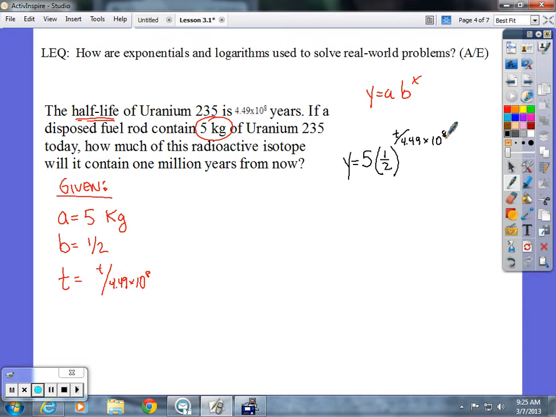I want to know how much of this isotope it will contain 1 million years from now. So 1 million years is a time. So time equals 1 million. You can also write that in scientific notation, 1 times 10 to the 6th.